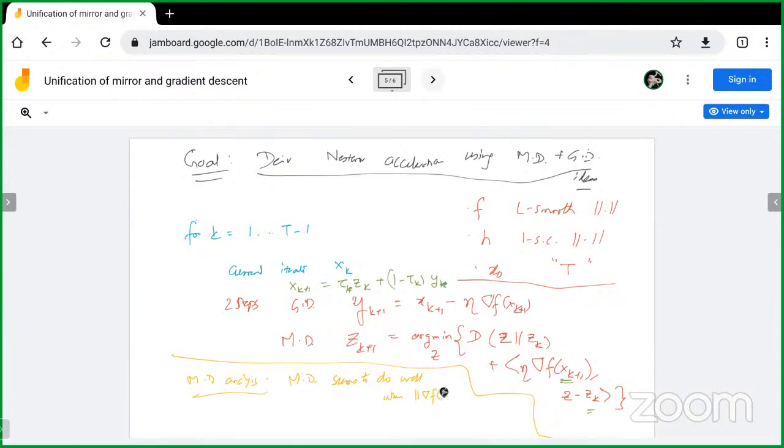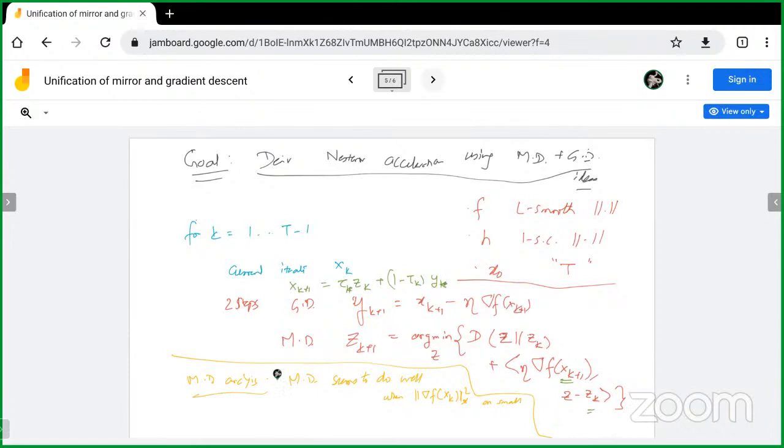When you look at my gradients at xk and look at their dual norms, when these are small, my guarantee is actually better.